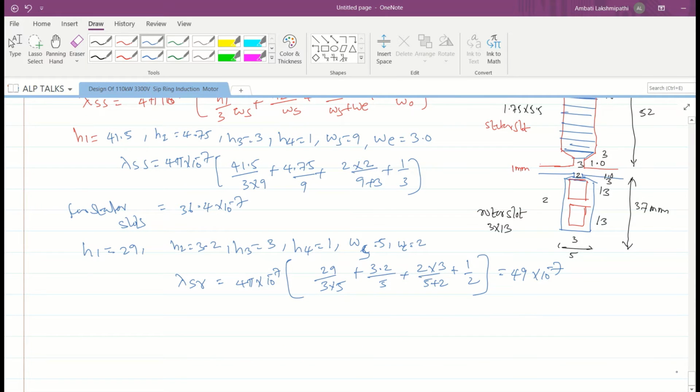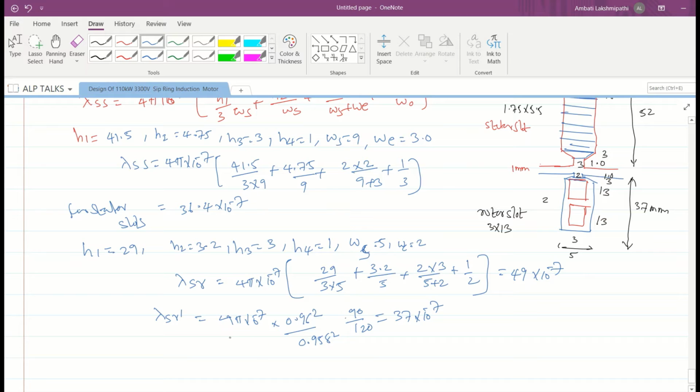Let's refer this rotor value to the primary side, otherwise the stator side. We will get this value as 4 pi into 10 power minus 7 into 0.96 whole squared divided by 0.958, these are the coefficients, 90 by 120. So we get 37 into 10 power minus 7.